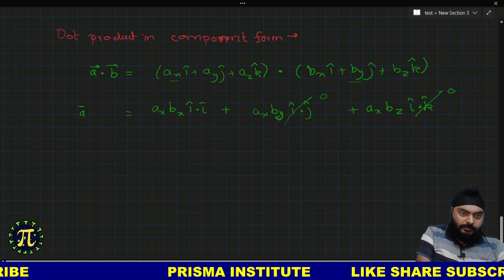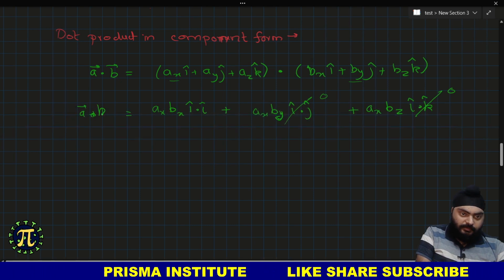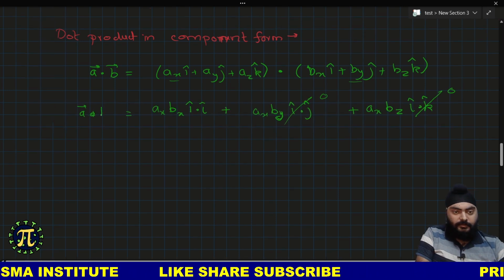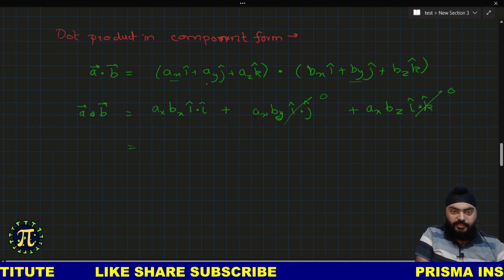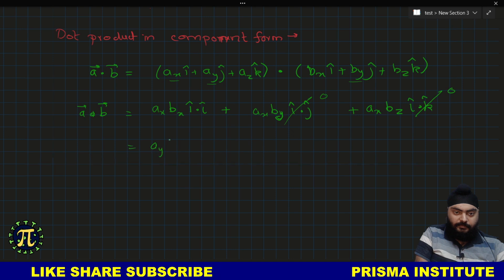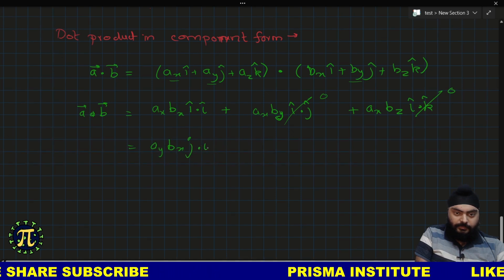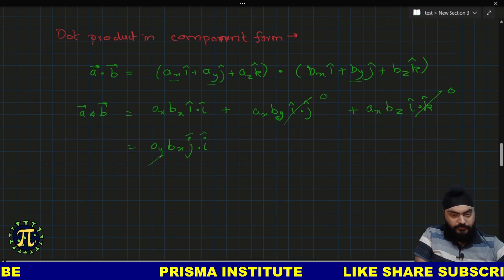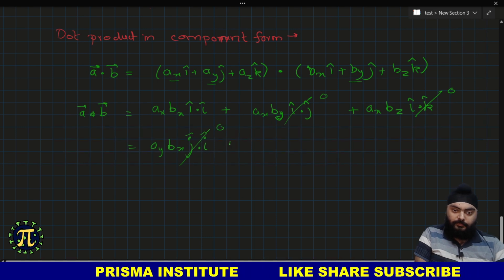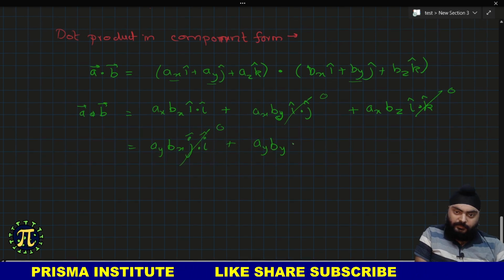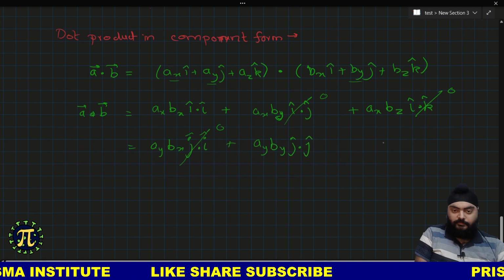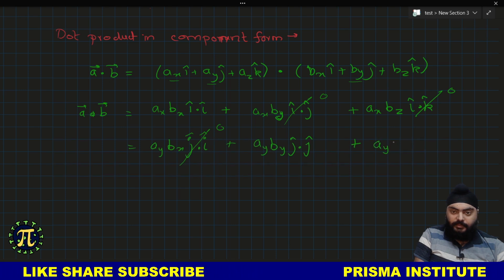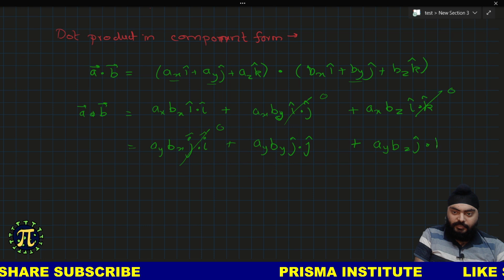Now from here we pick the second term, Ay j cap, right? So Ay j cap into the first one is Ay Bx j cap dot i cap. So this is also 0, correct? Plus Ay By j cap dot j cap, which is not 0, which is 1, we already know that, and Ay Bz j cap dot k cap, this is also 0.